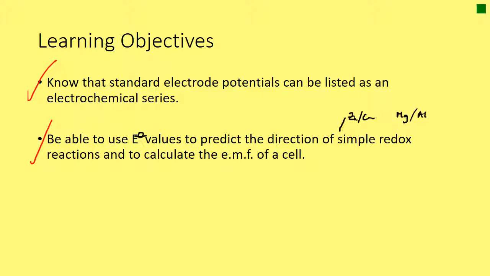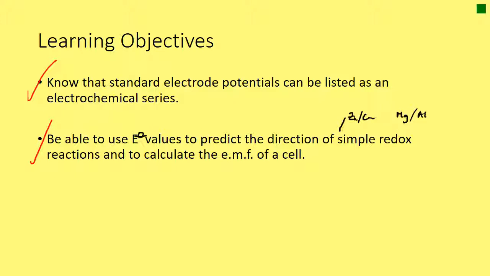So the most reactive metals, the ones that wanted to give up electrons or be oxidized, were at the top, and the most reactive non-metals, i.e. the ones that wanted to attract electrons to themselves and therefore be reduced themselves, were at the bottom. And that's the first learning objective I think we can remember.